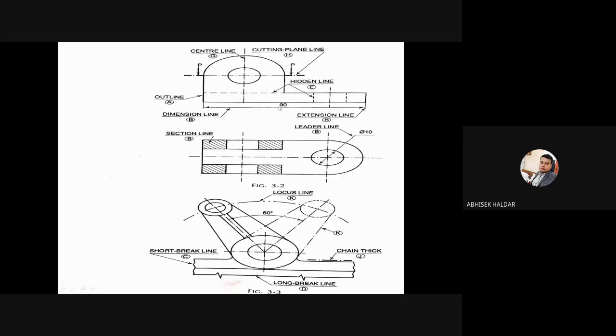So I'm repeating the last step. If I want to give the dimension from this point to this point, first drop down the extension lines, small vertical lines. In between those two extension lines there will be a dimension line.